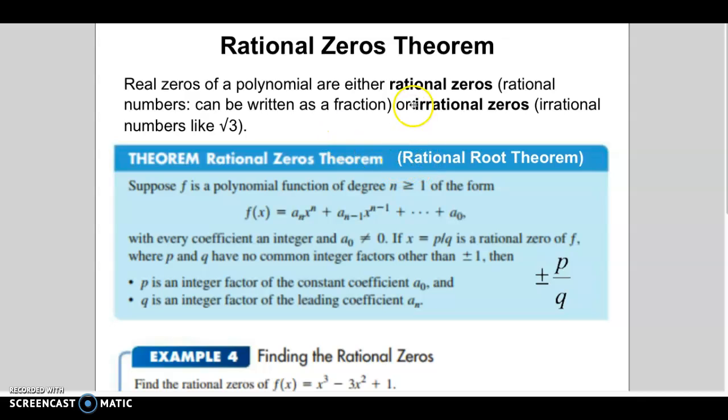But if it has rational zeros, that means that those solutions are values such that the numerator of the solution is a factor of the constant in the polynomial, and the denominator of the solution is a factor of the leading coefficient in the polynomial.